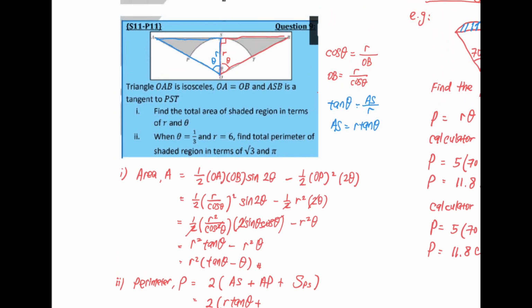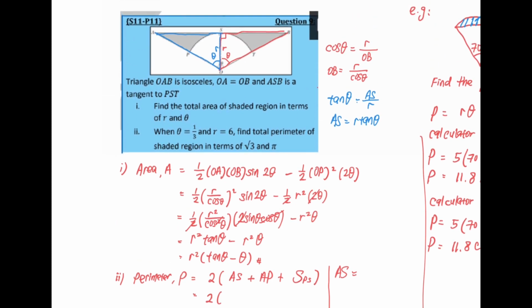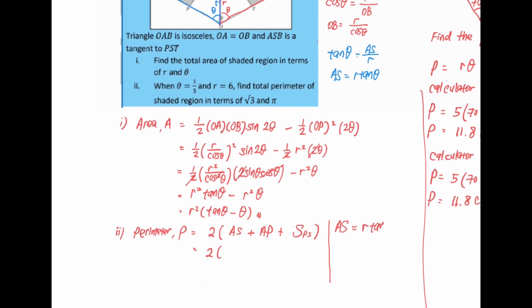Okay, let's say I work out the sides first. Even AS I work out at the side also. Okay, it will be easier. It won't be so complicated. So AS, just now AS is R tangent theta. So the R is 6. The theta is 1 over 3.